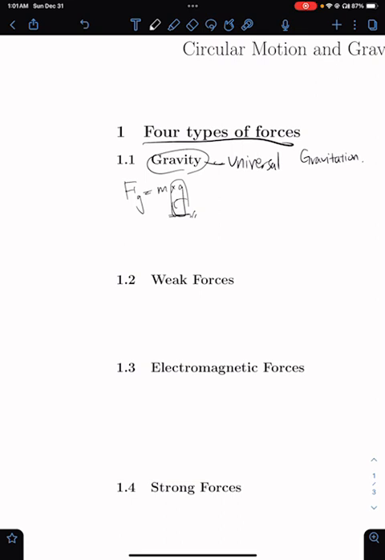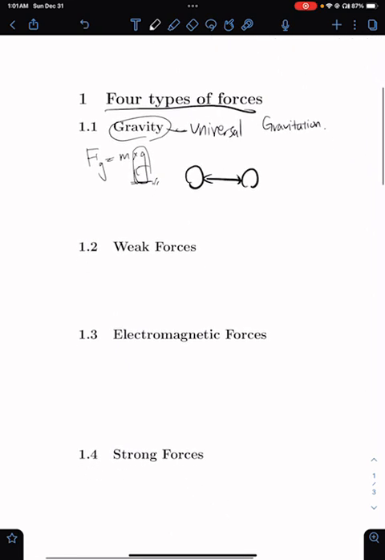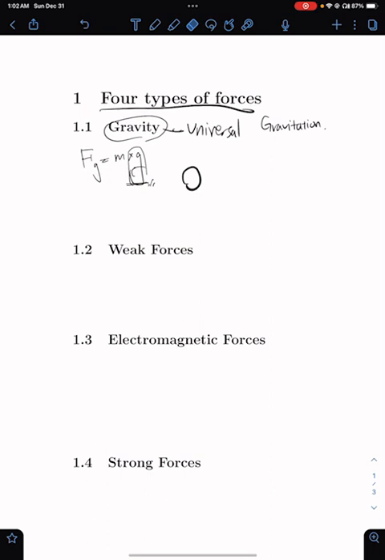Gravity is actually just the force that tries to attach two big objects together. And that's why it can be applied to bigger bodies like the Earth and Sun. So that's why we say, oh, the sun holds our Earth in a circular orbit using its gravity, right? That's what this gravity is talking about.